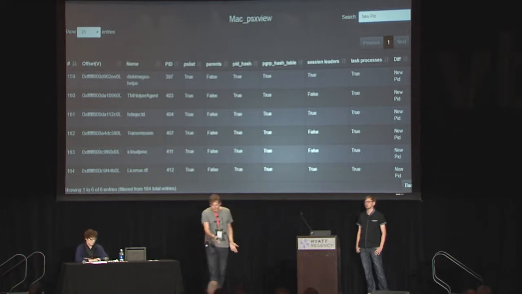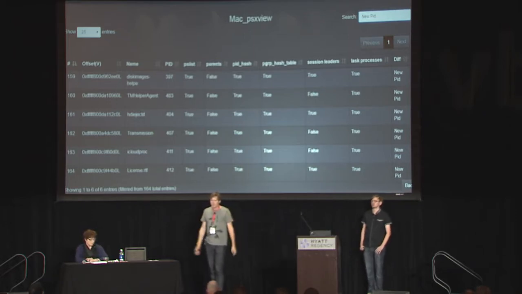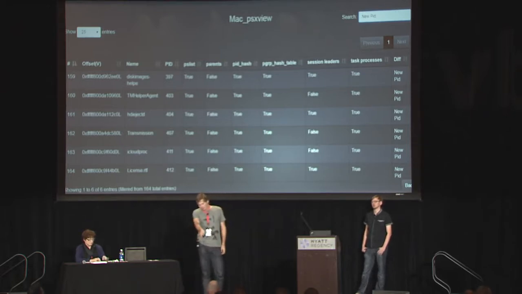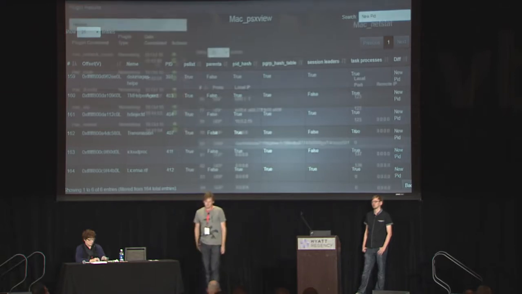It is 6 processes, 3 of them system ones. After getting more experience with this framework, one could whitelist or blacklist information that is not important. But those 3 are very important: Transmission, iCloudProcs, and license.rtf.